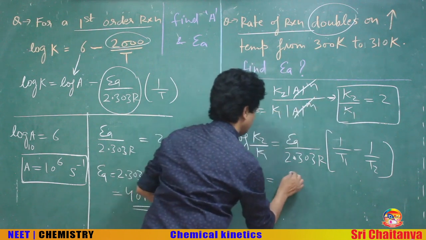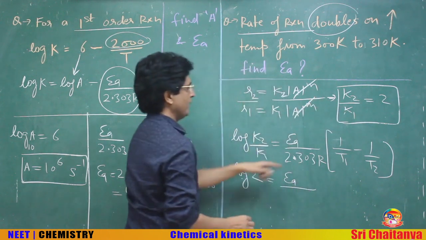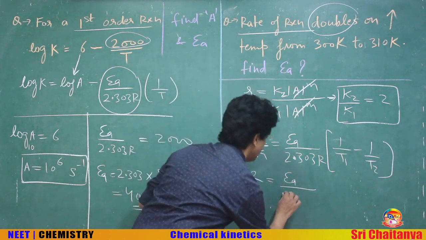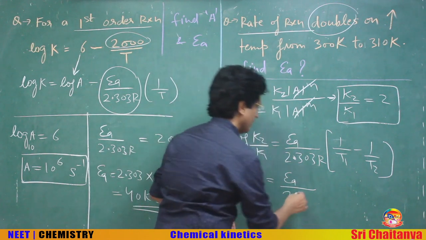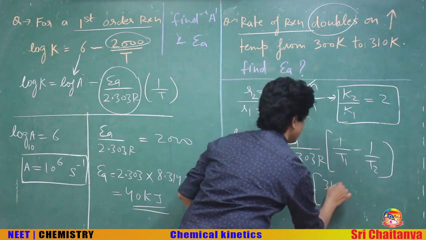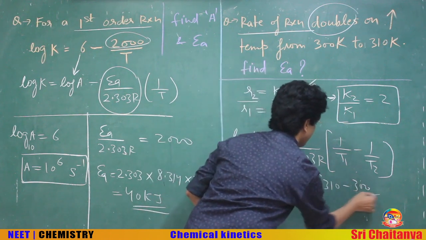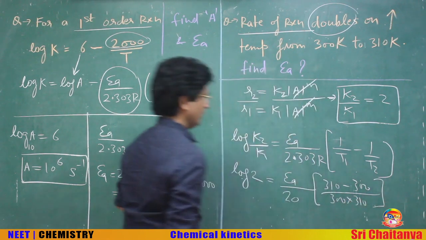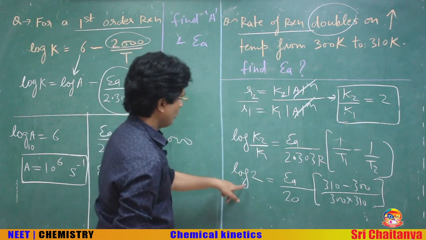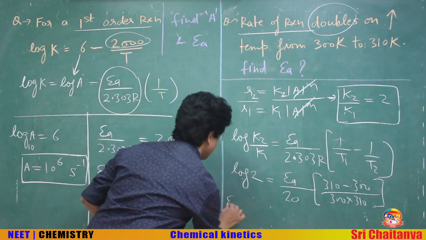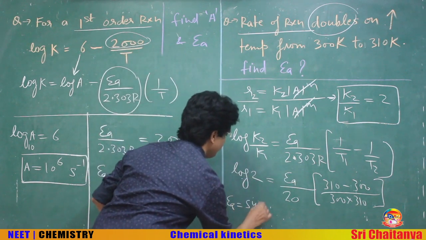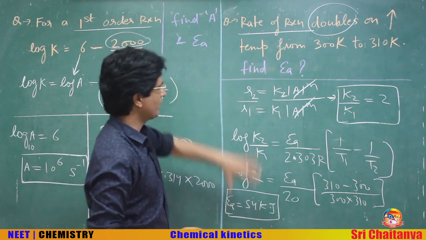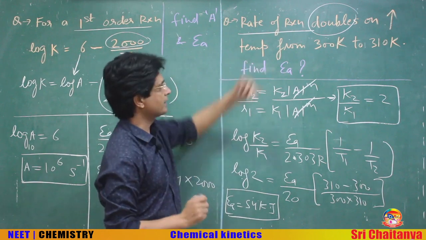For the energy of activation, I am taking R as 8.314 in joules. This will be approximately 20, and this will be 310 minus 300 upon 300 into 310. Now, when you solve that, you will get Ea equal to 54 kilojoule. This is how we are going to solve questions like this.